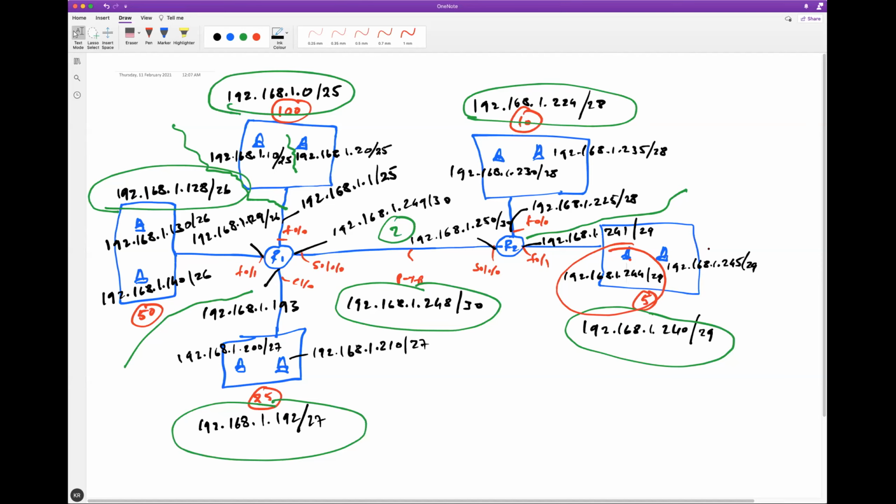So we don't experience in networking scenarios that you're going to come to any network that is using FLSM. Normally, you only see VLSM design in the networks. Only VLSM, yes, mostly you see VLSM.